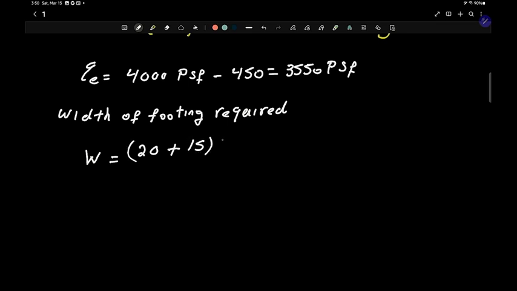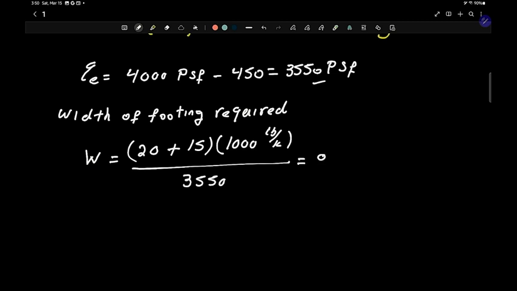Let's convert that to pounds per kips, and then divide by available net pressure, which came out to be right here, 3550. This will give me 9.86. Let's say 10 feet. So our area of the footing will be 10 feet squared, 10 times 1.